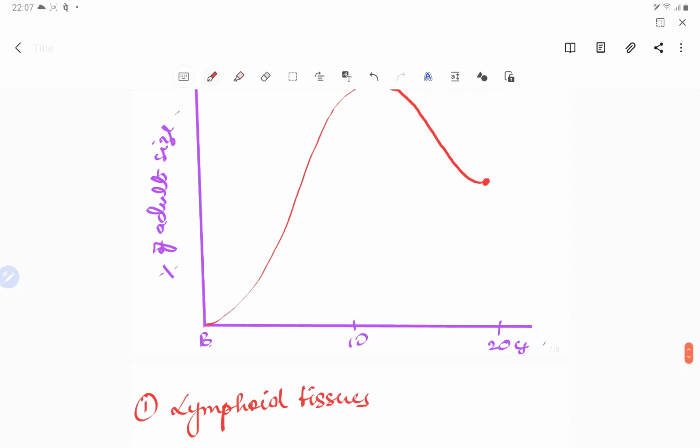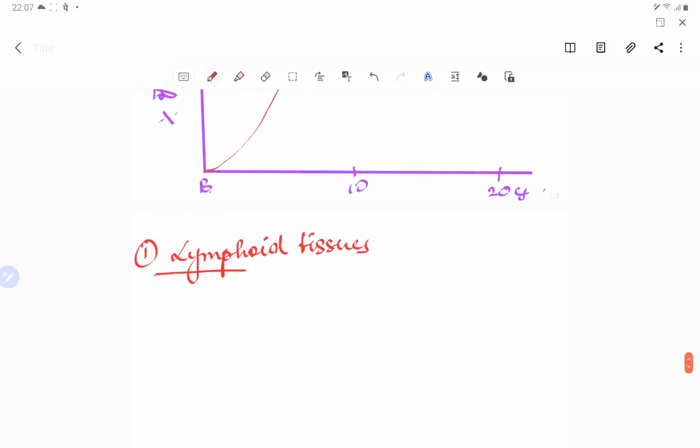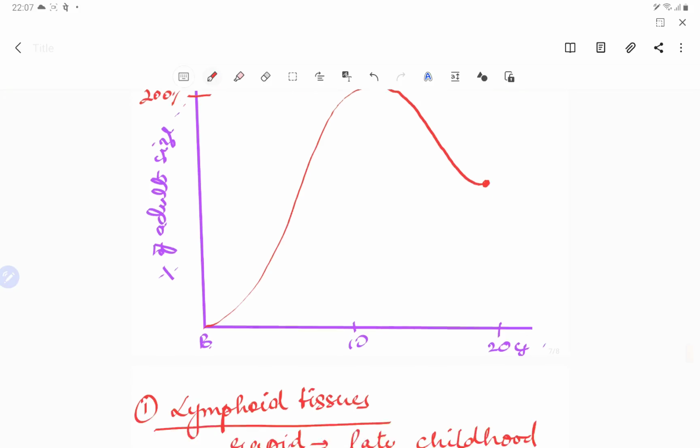So this is our lymphoid tissue, right? Rapidly in the late childhood, and maximum up to 200% in the late childhood.